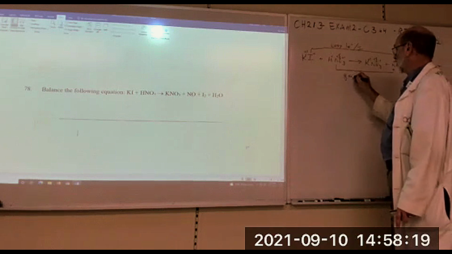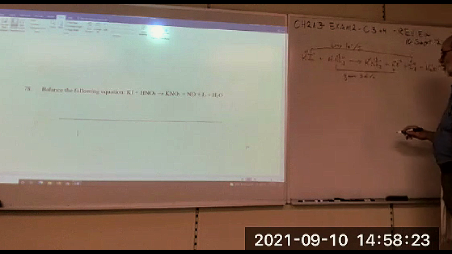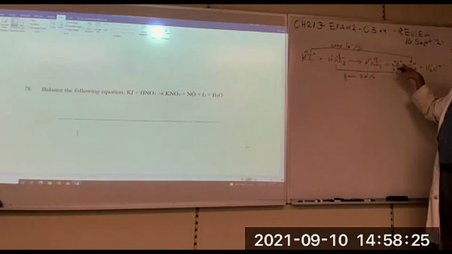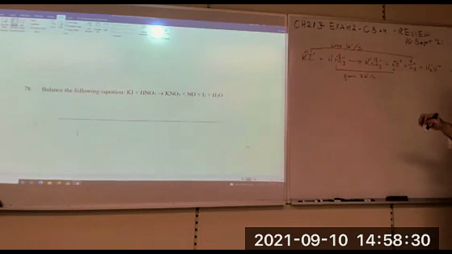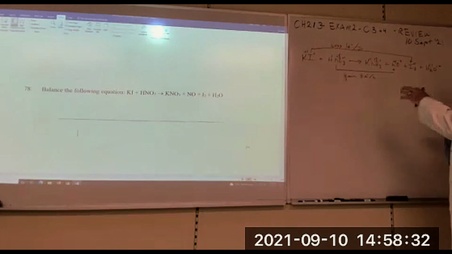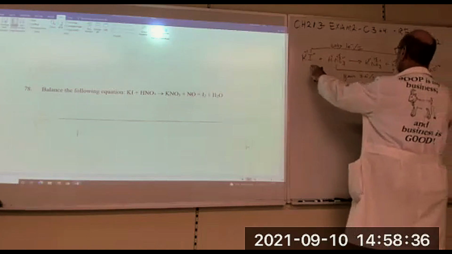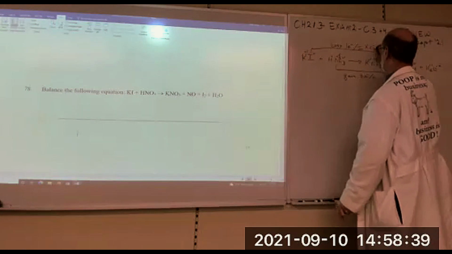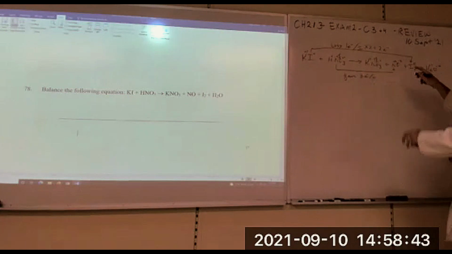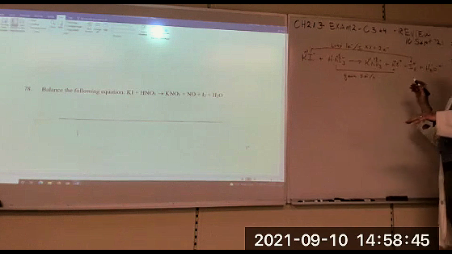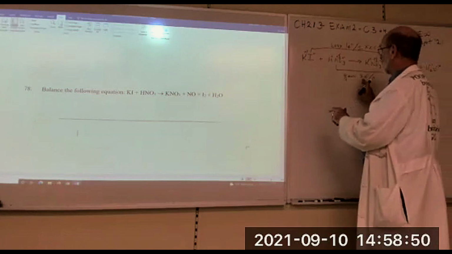So gain 3 electrons per nitrogen. But only some of them did that. Some of them were untouched. They remained here. So let's balance it out. This is going to have to be at least 2 electrons. So this is already 3 electrons. So how do you balance 3 against 2? You cross multiply. So we need to multiply 3.